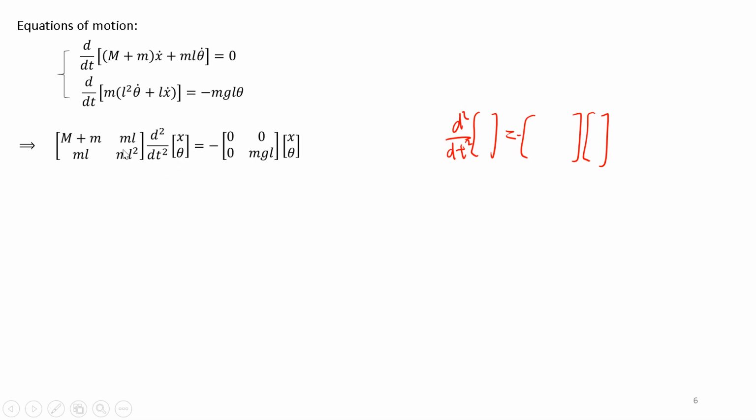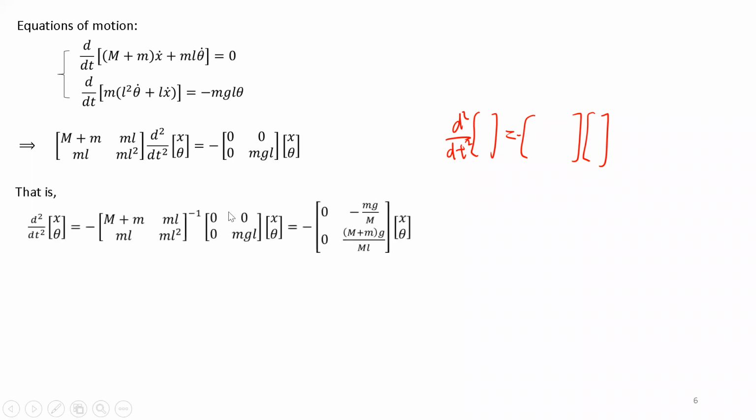Here I have a matrix on the left-hand side, also a matrix on the right-hand side. But you can just put this to the right-hand side by multiplying the inverse of this matrix on both sides of the equation. If you do that, I will have a system that looks like this. Now only the right-hand side has a matrix.